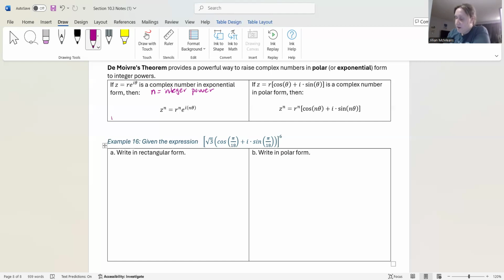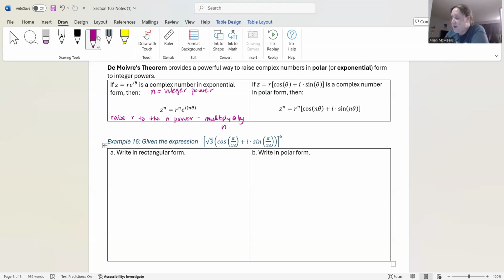Basically, raise r to the n power, multiply theta by n, and then plug those numbers into the exponential form of a complex number.